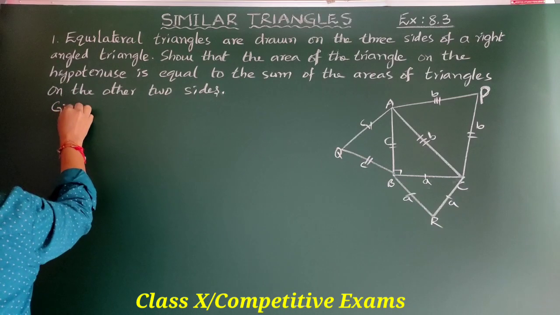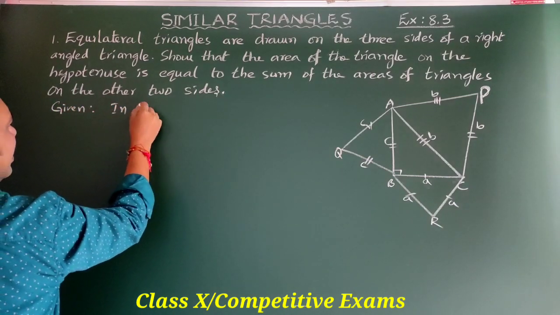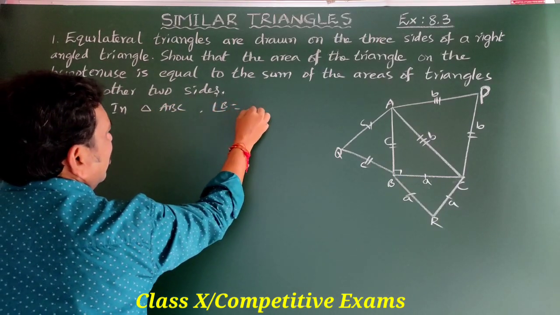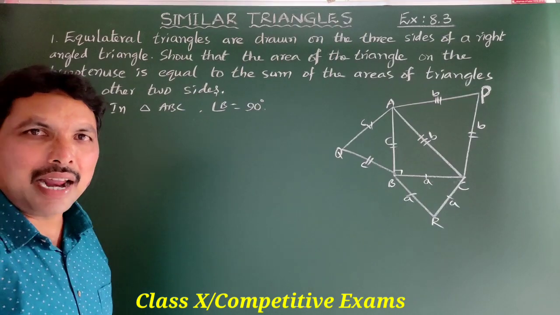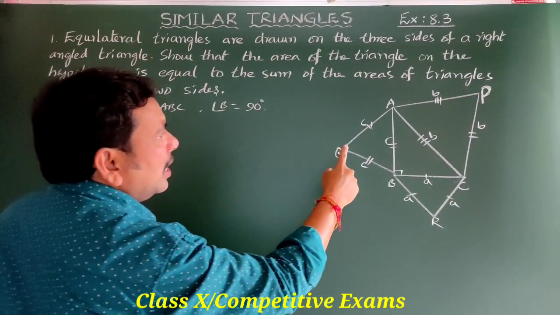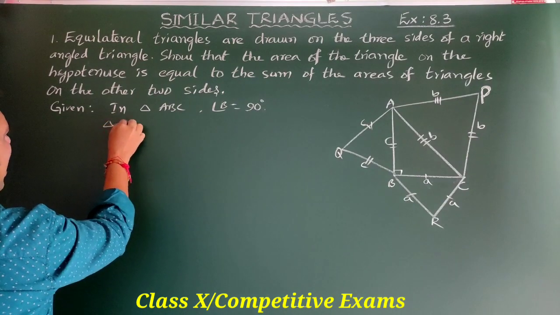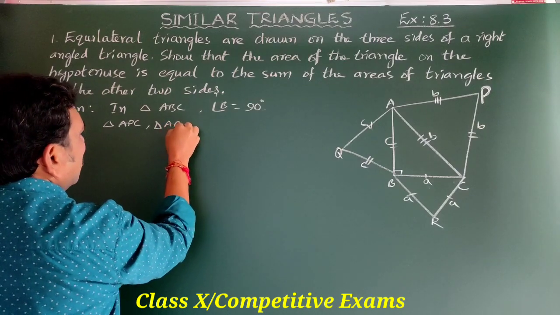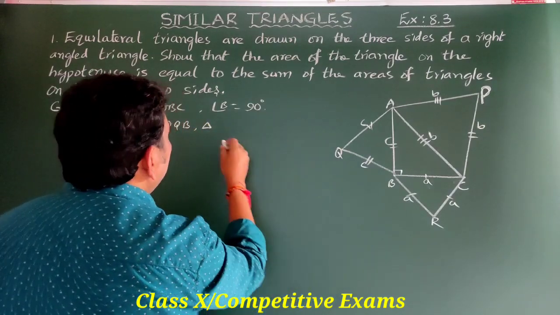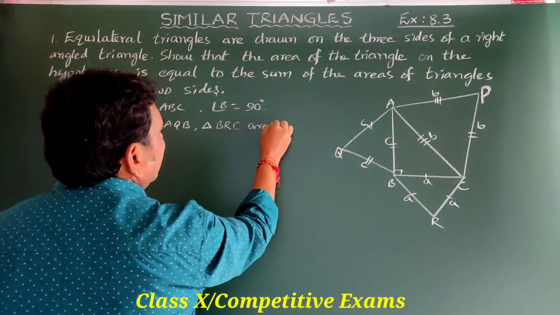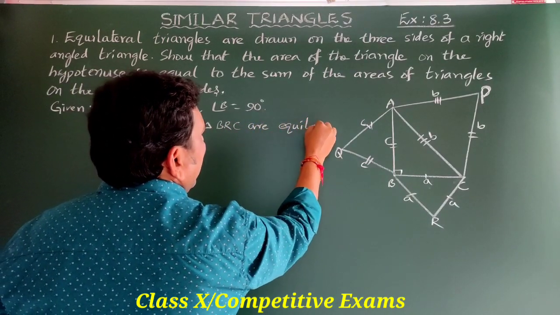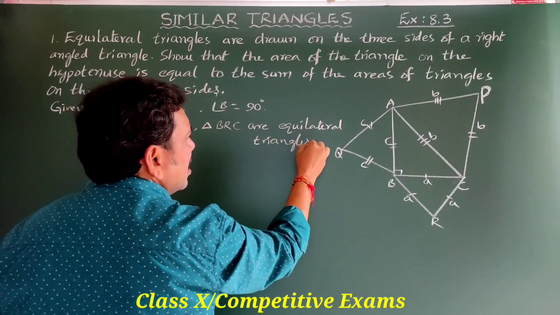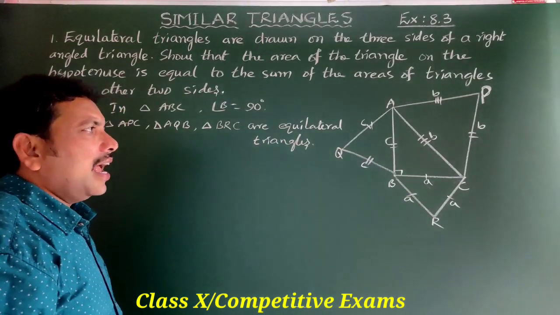So what is given? Write down first. In triangle ABC, angle B is equal to 90 degrees. Next, triangle APC, triangle AQB, triangle BRC are equilateral triangles.